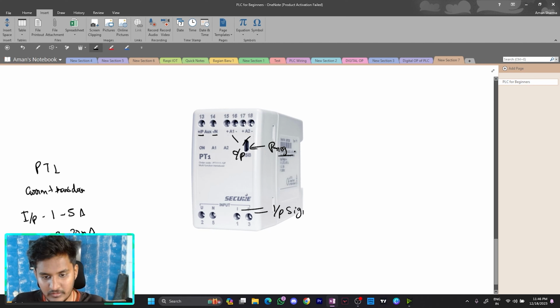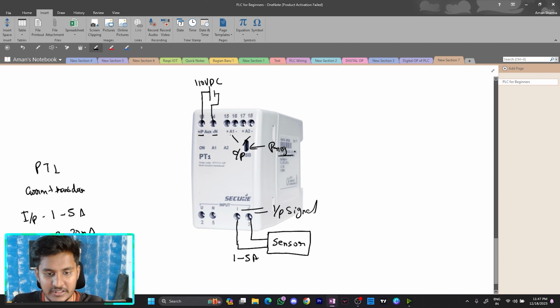First of all, let's connect our auxiliary supply, 110 volt DC. We will get the input signal from the sensor. It can vary from 1 to 5 ampere, and here you can see we have two different outputs, A1 and A2, and we have plus and minus, and these signals will go to the PLC.